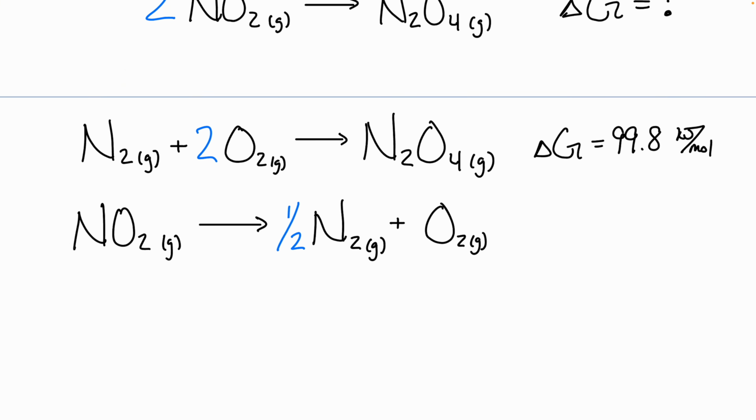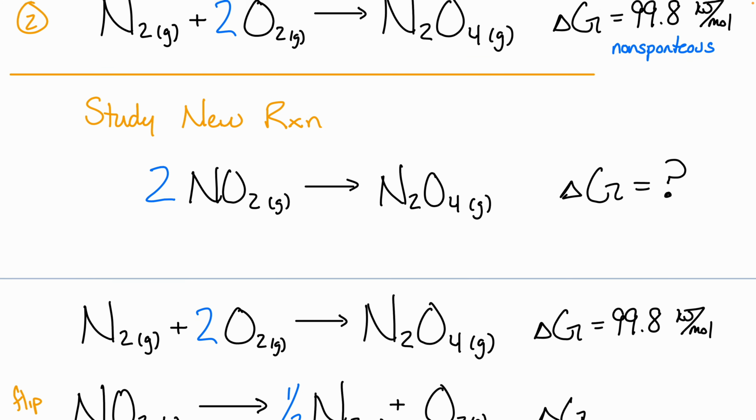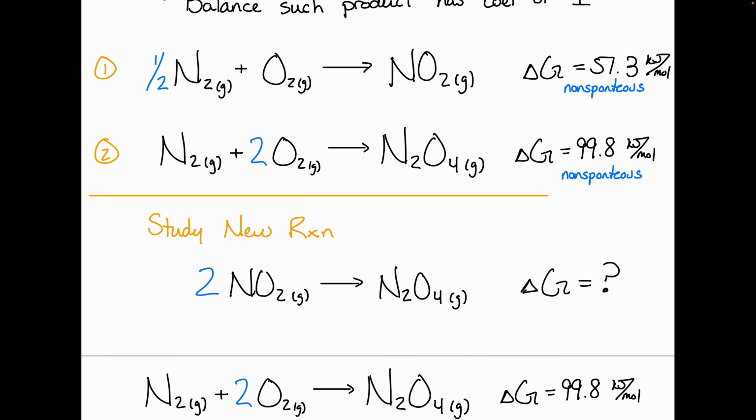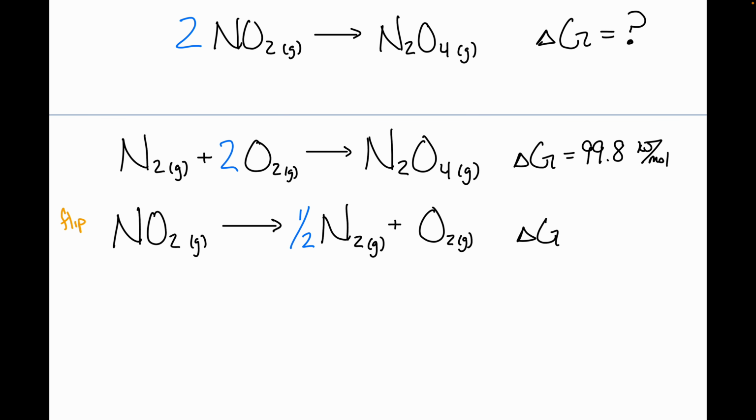So I had to flip this reaction. What am I going to do to the delta G that I looked up? In the opposite direction, the sign of delta G would be negative 51.3. Just like we flipped our reaction, we're going to flip the sign of that delta G to negative 51.3 kilojoules per mole.